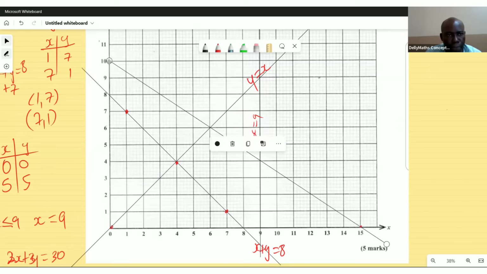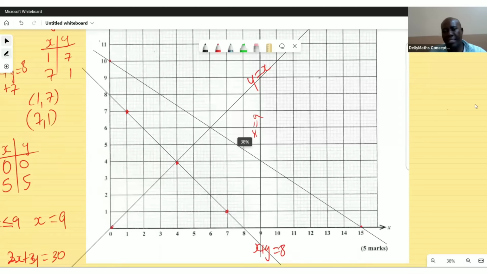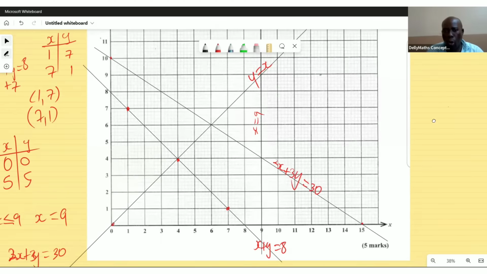That's my line right there. So that is that line, which is 2x plus 3y is equal to 30. That is the line. So let's blow up our lines.